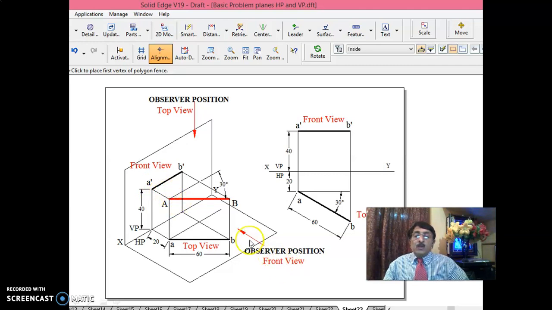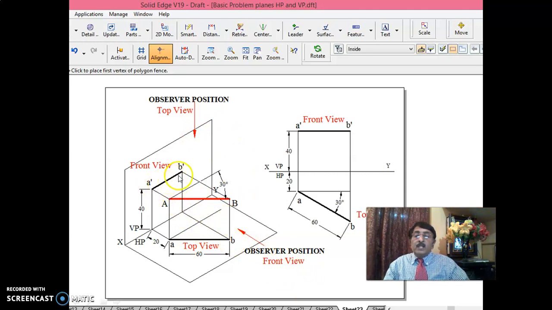Looking from the front, how it appears on VP, and looking from the top, how it appears on HP. I have also told you so many times, the direction of vision is always perpendicular to VP for the front view, and perpendicular to HP for the top view. In that way, I want the front view and top view.